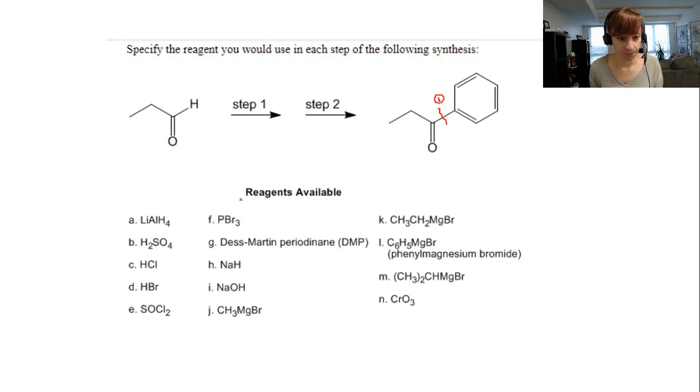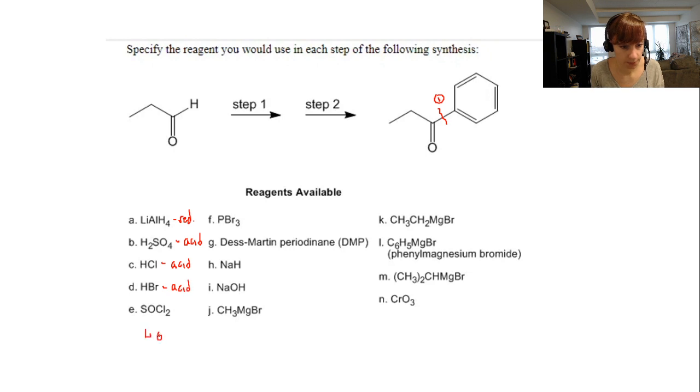So in doing that, if we're looking at our reagents, this A is a reducing reagent, lithium aluminum hydride. So what that does is it would reduce a ketone or an aldehyde to an alcohol. So as we go from aldehyde to ketone, that doesn't happen because it wouldn't account for the addition of the phenyl group. This is an acid, another acid, acid.